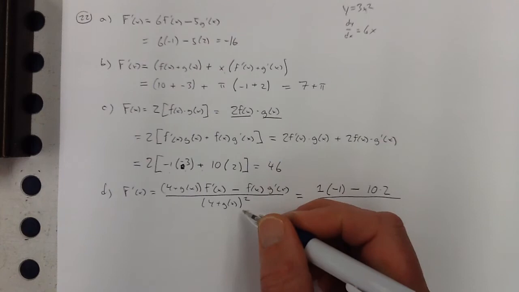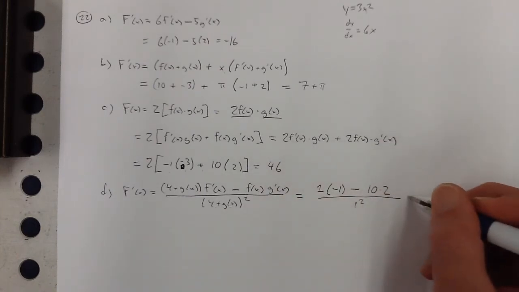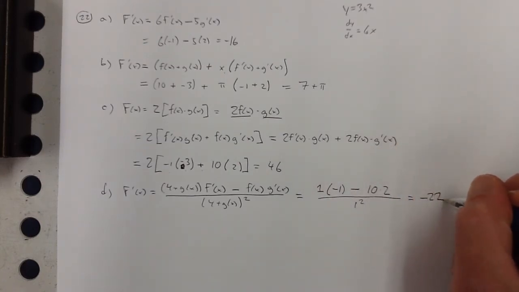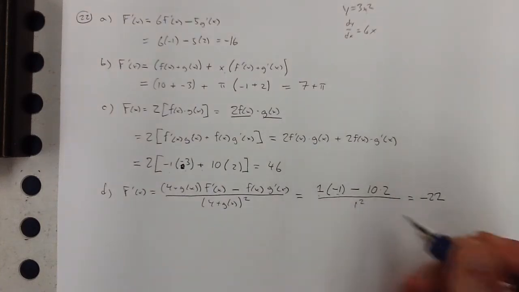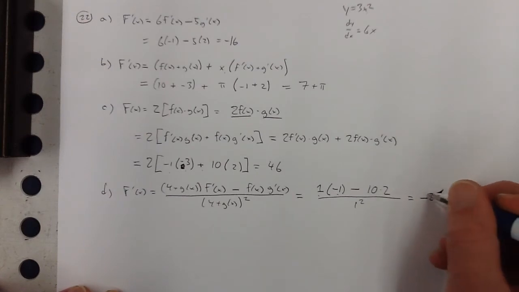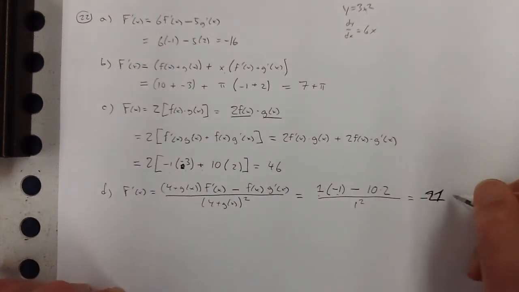And for g of pi is -3. 4 plus -3, that's 1 squared. So -2 looks like -22. No, sorry, that's -1, -21. 1 times 1 is 1. That says -21. Promise.